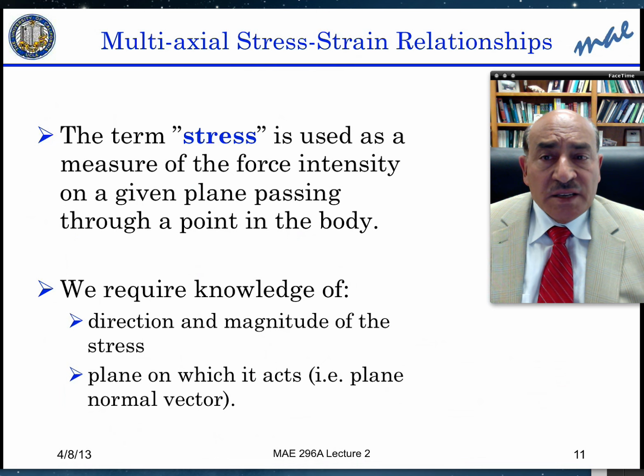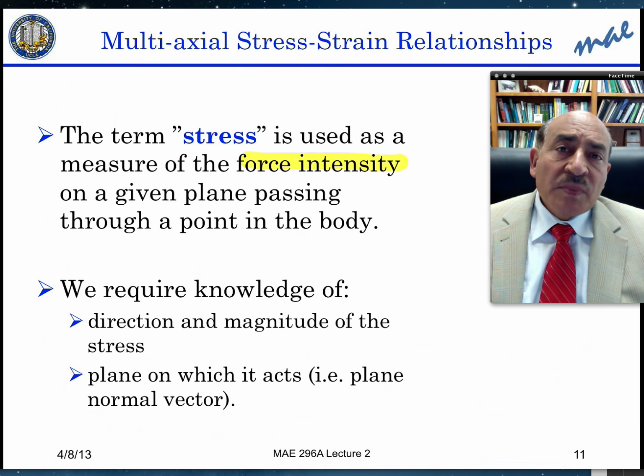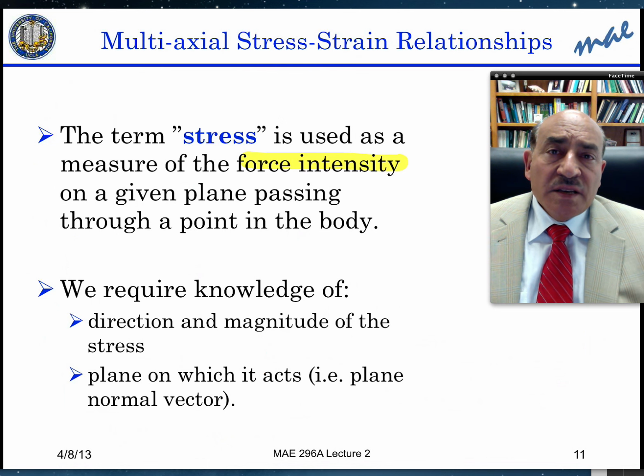The stress is defined as a force intensity. The force intensity is something that we will need to highlight, because intensity means the force per unit area, on a given plane passing through the point in the body.